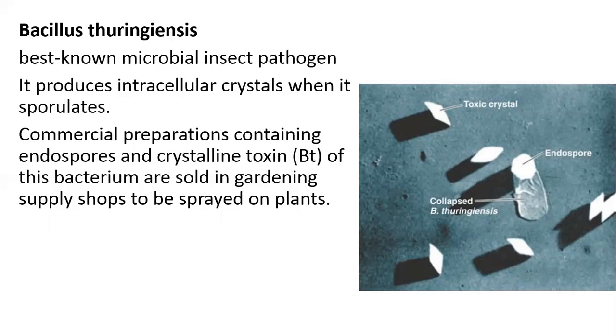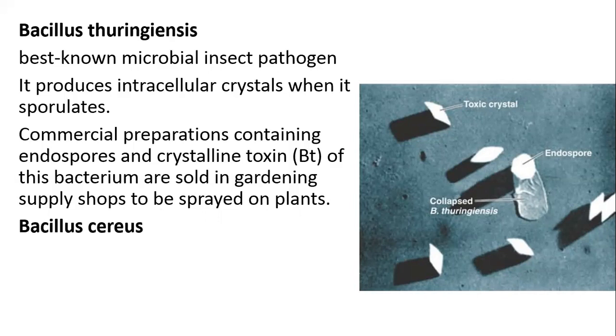And through genetic engineering, a cotton crop was engineered in which the gene of this toxin was expressed in plants, and the plants started expressing that toxin, which is toxic for insects, and in this way they could protect themselves from insect attack. Basically they are sold in gardening supply shops to be sprayed on plants. So this is a well-known microbial insect pathogen.